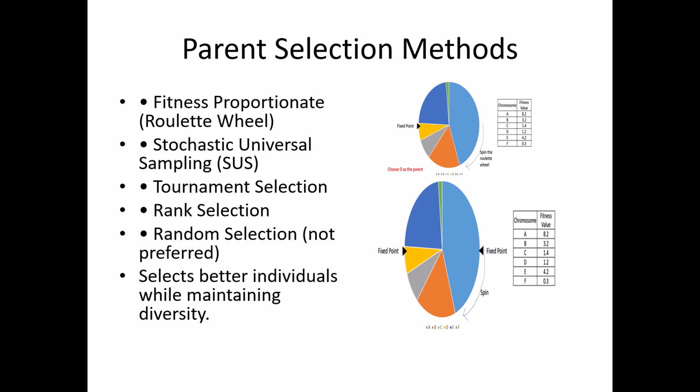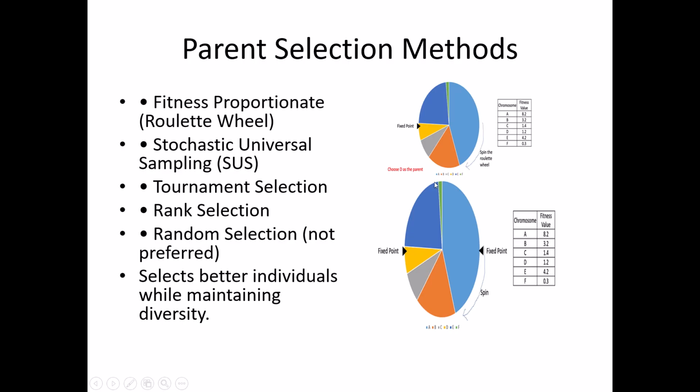Next one is parent selection methods. First of all, fitness proportionate, Roulette wheel, stochastic universal sampling, tournament selection, rank selection, random selection. So I can explain one by one. First one is the Roulette wheel. We have to spin that wheel, and we have one fixed point, right?